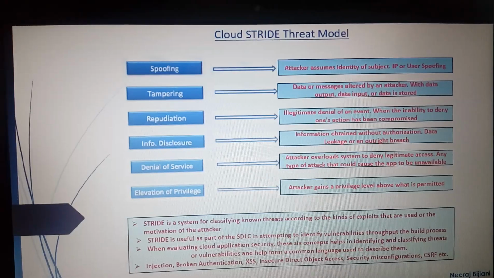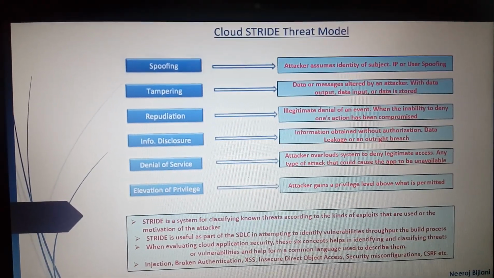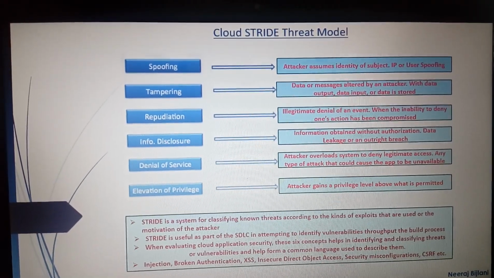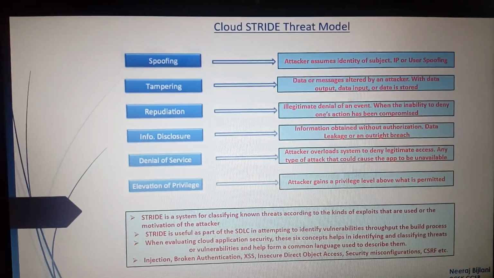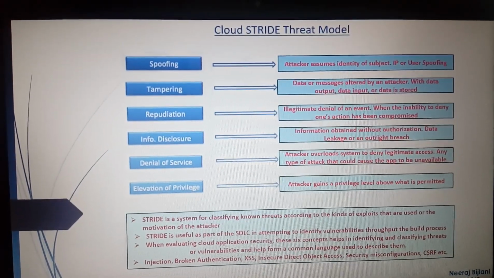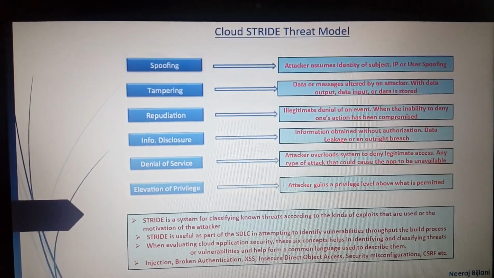Next is denial of service. Denial of service, as you are aware, is a type of attack that could cause the application to be unavailable, right? All intended users want to access the application, but the application is not available because there is a denial of service attack on that application.